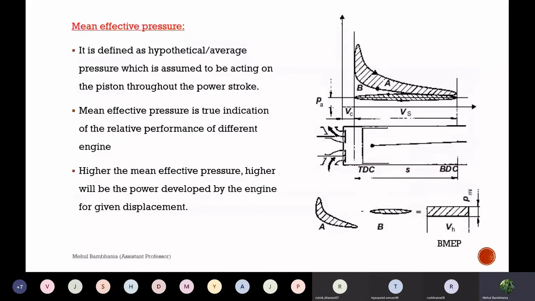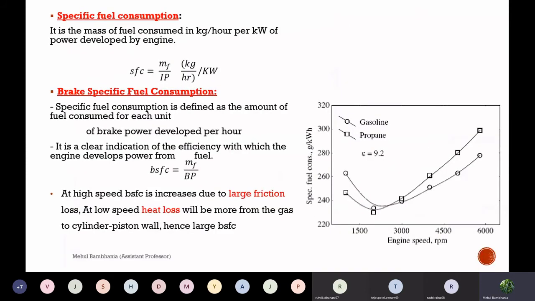Obviously higher torque is possible by means of higher mean effective pressure. Now a few more small parameters, like specific fuel consumption. Specific fuel consumption is how much fuel it will consume to produce 1 unit of power.